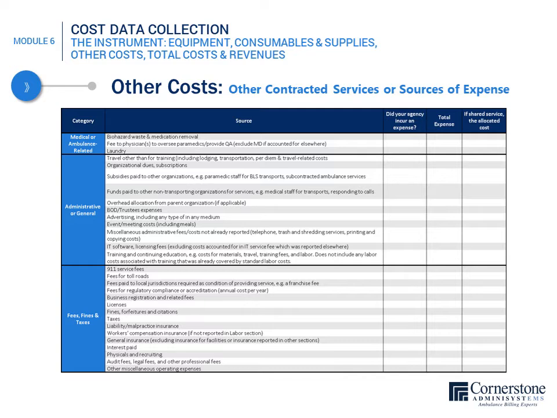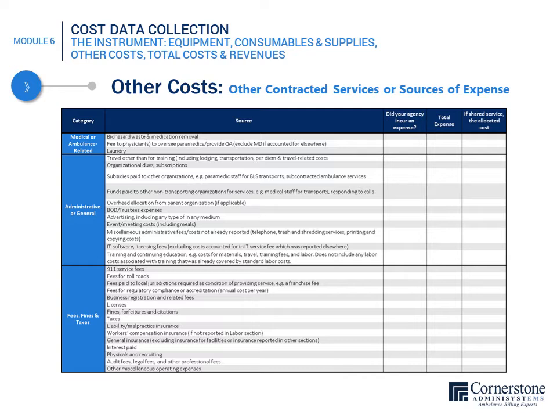And then as we move to the right, we can see how CMS wants to know if this source applies to your agency, and if so, what the total expense is, and of course, if you're a shared service, the allocated cost. Now, CMS gets pretty specific here. For instance, about halfway down the page in the administrative or general section, we can see event/meeting costs, including meals, advertising costs, and expenses related to the board or the trustees.